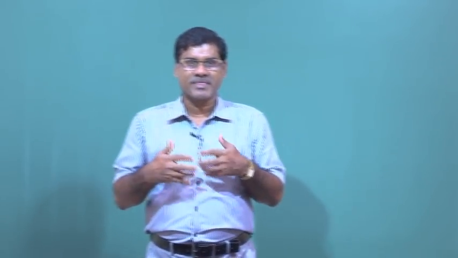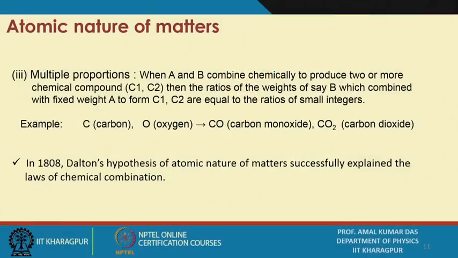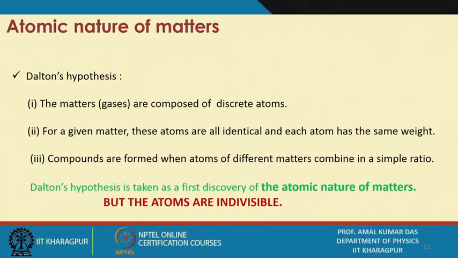So, how to explain them? That was basically done by Dalton. In 1808, Dalton's hypothesis of the atomic nature of matter successfully explained the laws of chemical combination. Okay. So, you know what Dalton's hypothesis is.